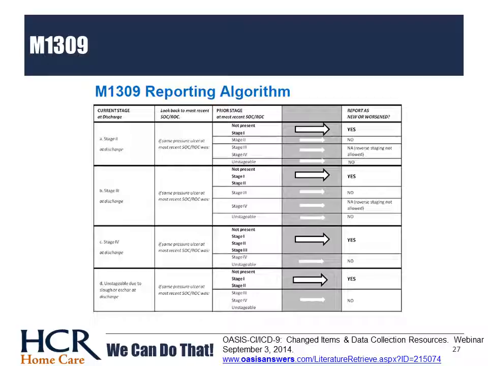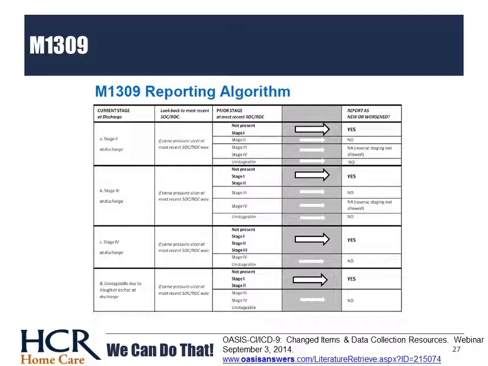If at the current OASIS assessment that you're completing at discharge, you have a stage 2 pressure ulcer, and looking at that third column, it is still a stage 2 pressure ulcer, then no, it has not worsened, and you would not report it on M1309. You would put in a 0.